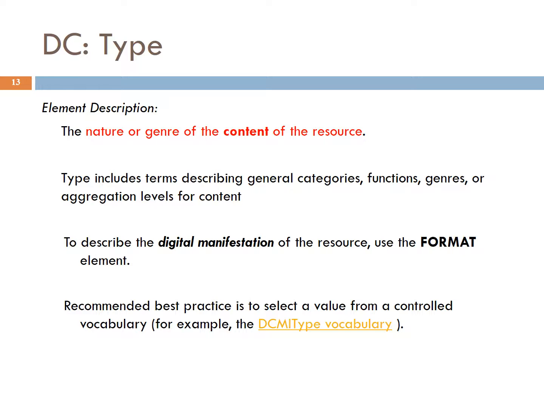Now, in a collection that consists of only, say, one type of resource, you might question, why do we have to put this in every record? But if you think about this collection being cross-searched, so searching it across multiple collections, and those collections might be different resource types.